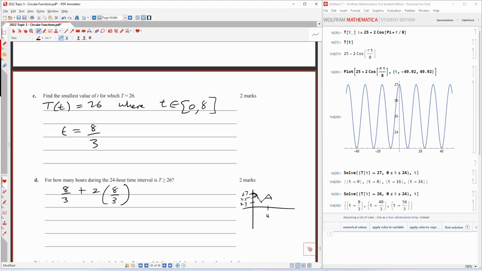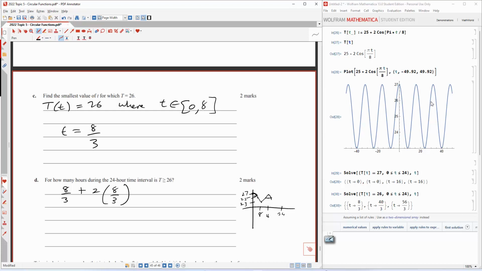Now we know that it's 16, so that's 8, 16, 24. So what's going to happen is from here at 16, it's going to go back down again. All right, 24, what's the scale here? 25, 30. So here's 25 here. So we can see it doesn't go back above 26 until after 25 hours anyway.